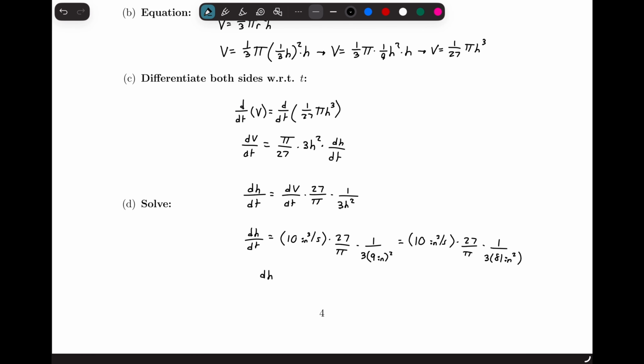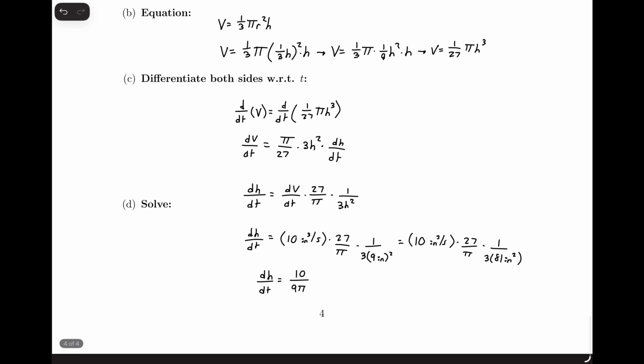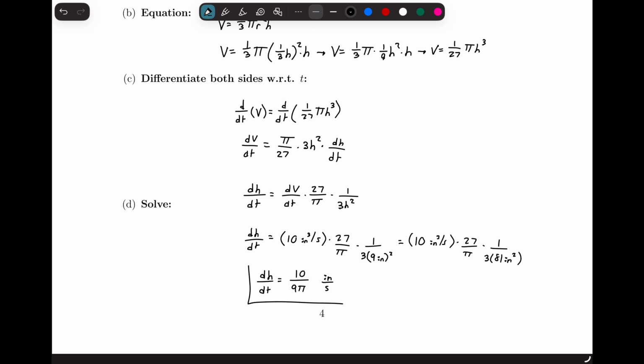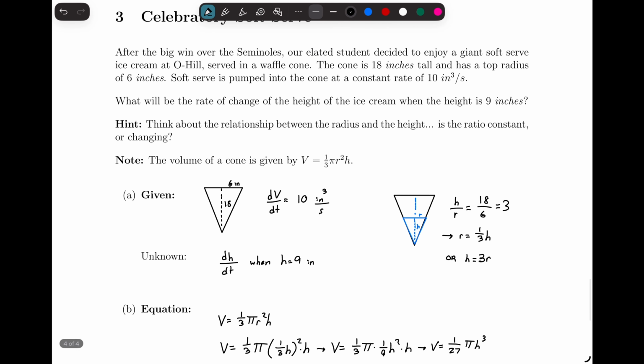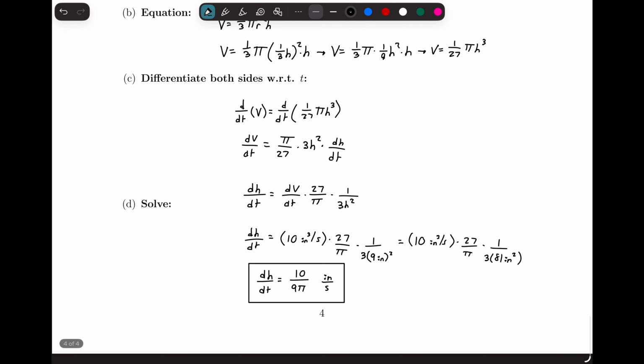So that tells me dh/dt is equal to 10 over 9 pi, and inches cubed divided by inches squared leaves me with inches per second. And then sanity check, I'm looking at the rate of change of the height, so that makes sense, inches per second.